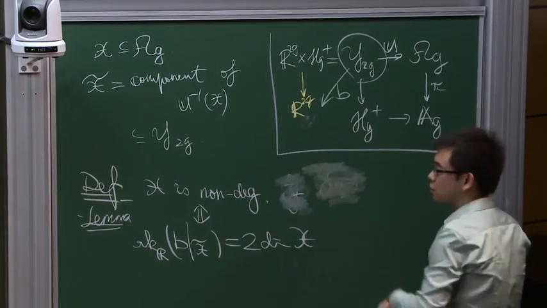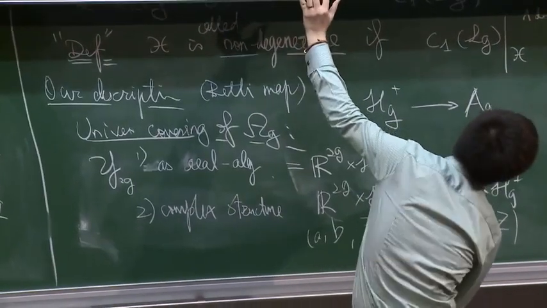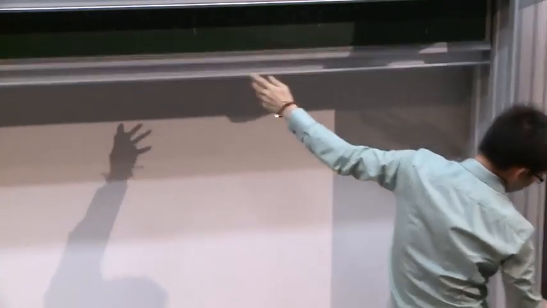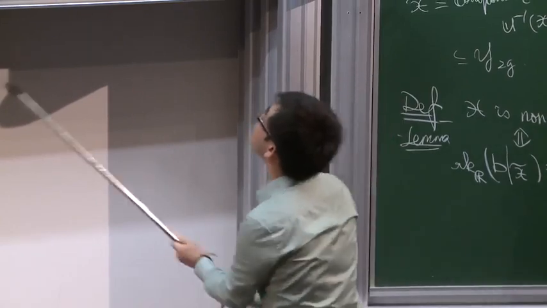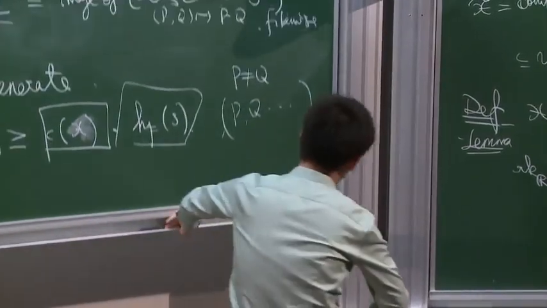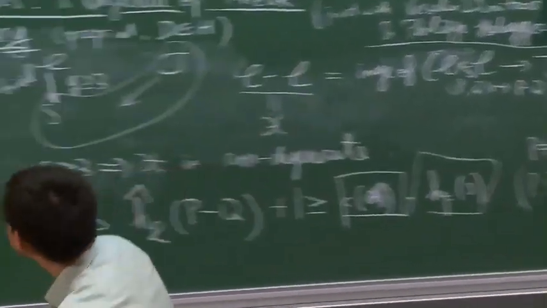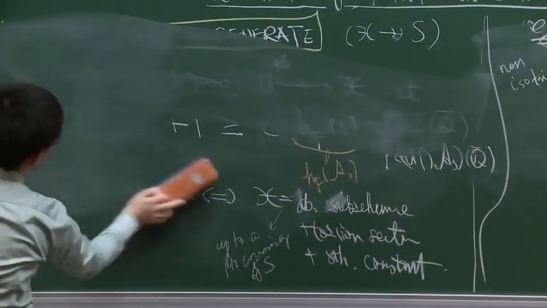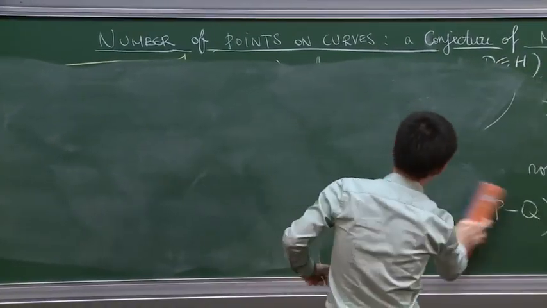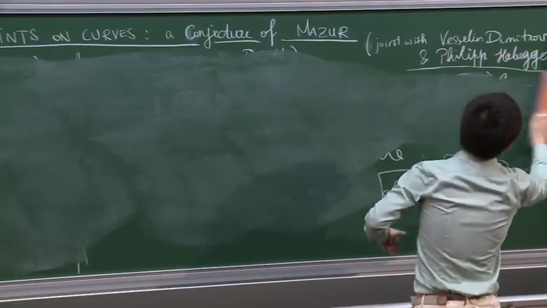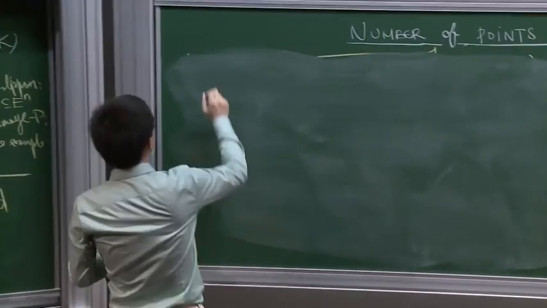From this new definition, we know which subvarieties are degenerate.